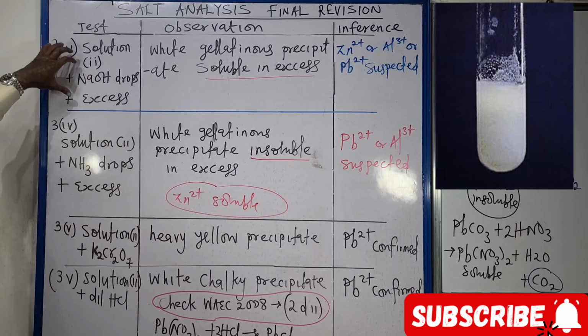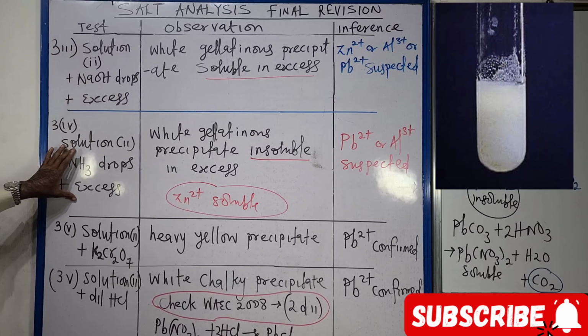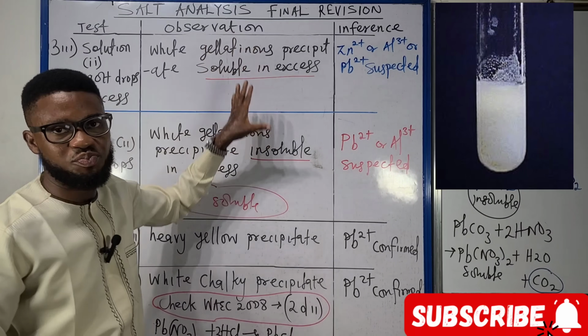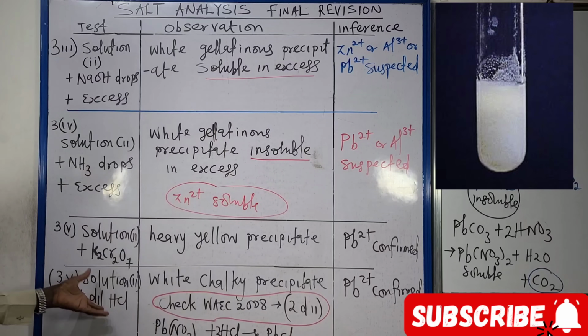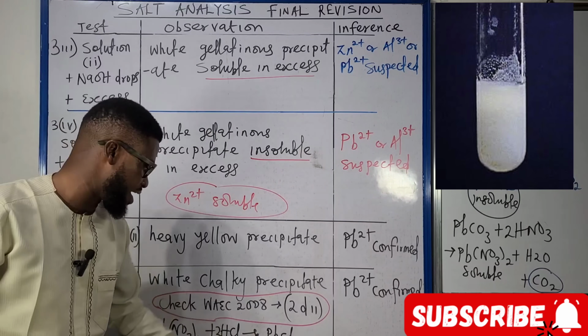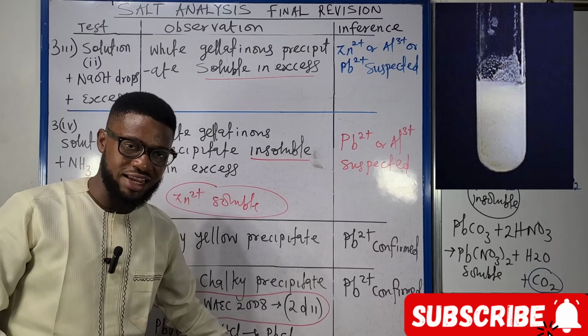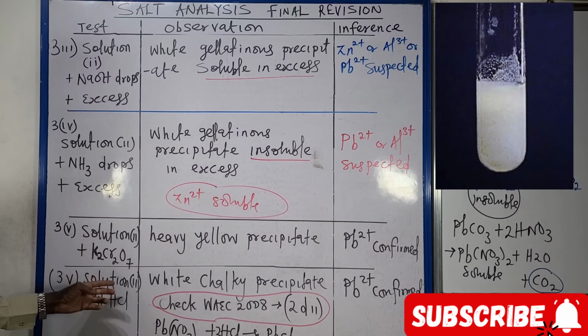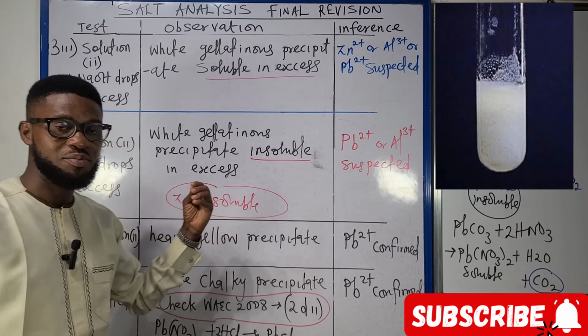Not when you use your sodium hydroxide and then ammonia. No, you don't have a chalky precipitate then. But when you use HCl, because you're going to get lead 2 chloride, that is when you talk about a white chalky precipitate.